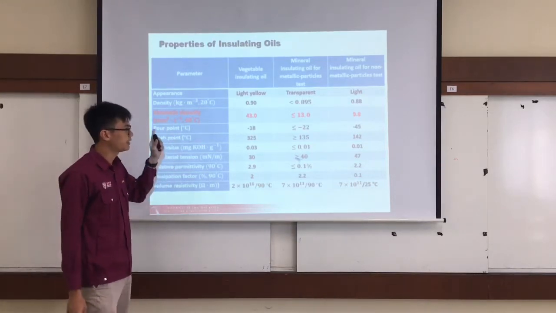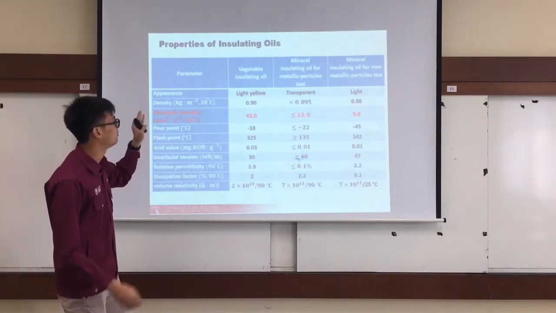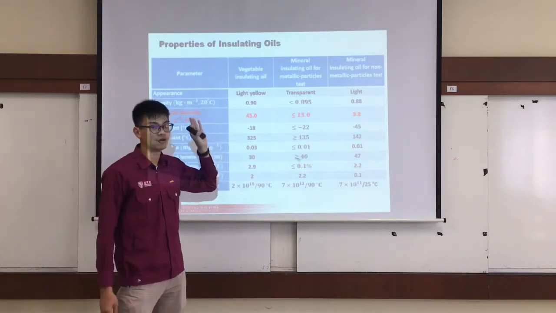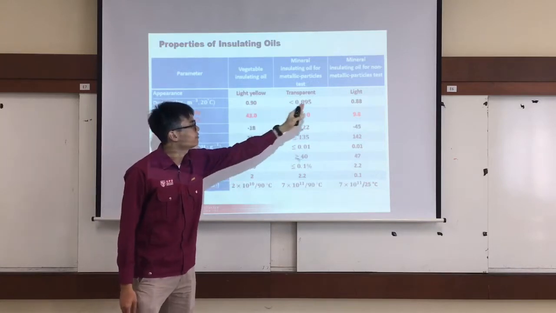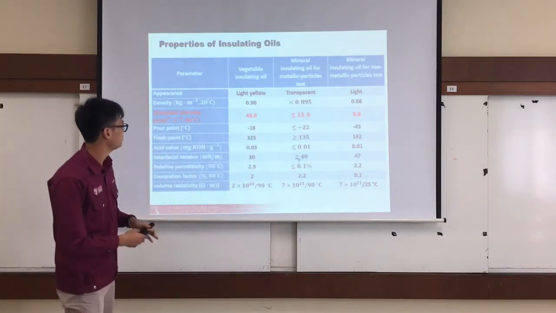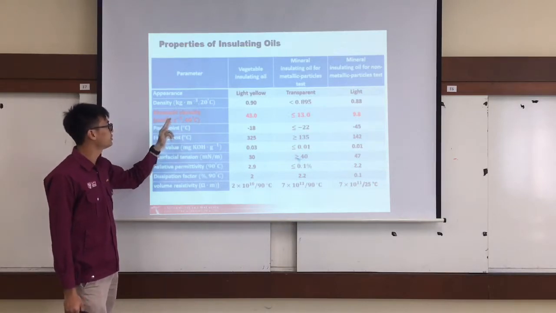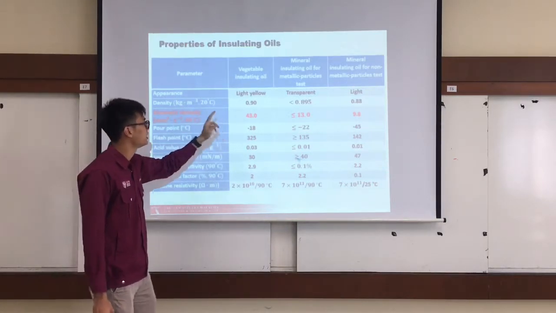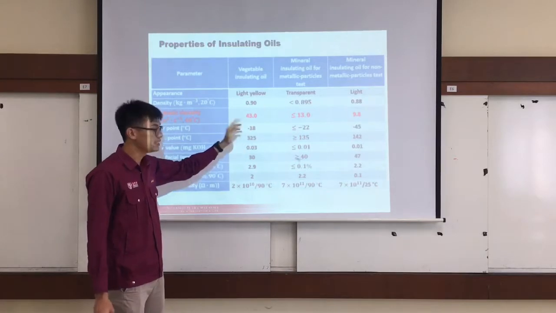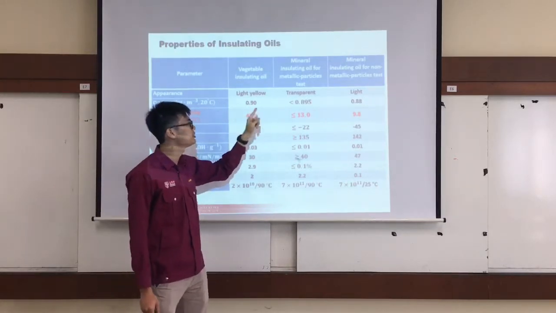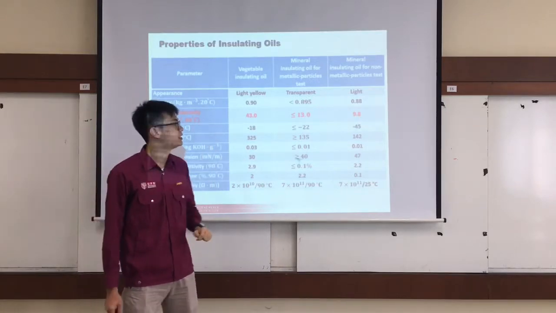This table tabulates all the properties of both vegetable oil as well as the mineral oil for the metallic test and for the non-metallic test. What I want to highlight here is in red. The viscosity of the vegetable oil is 43. It is high as compared to both the mineral oil used in the metallic particle test as well as the non-metallic particle test.